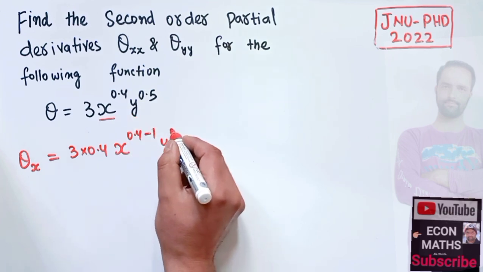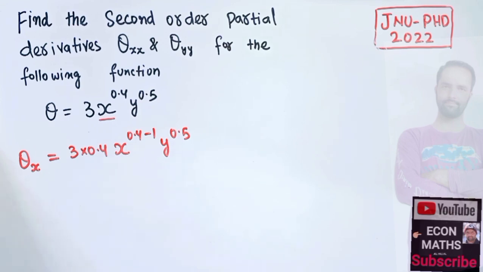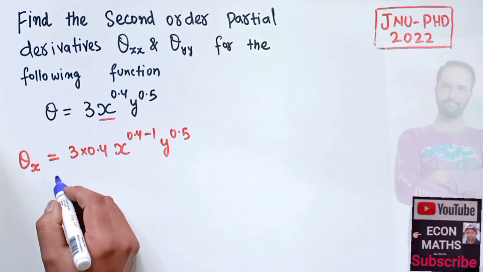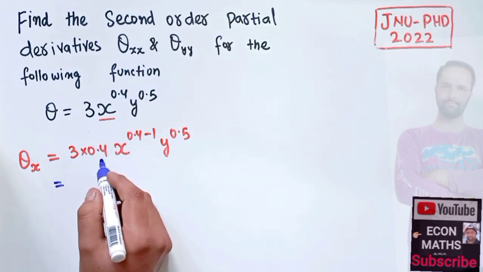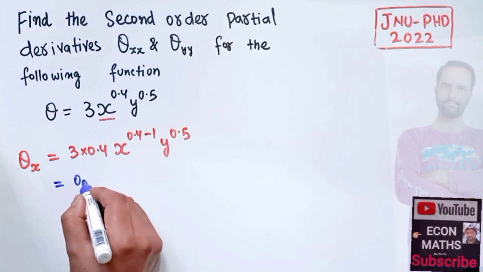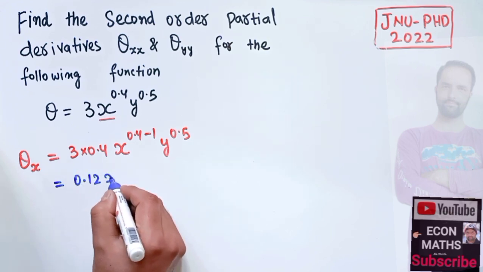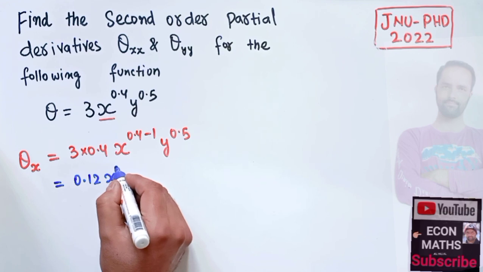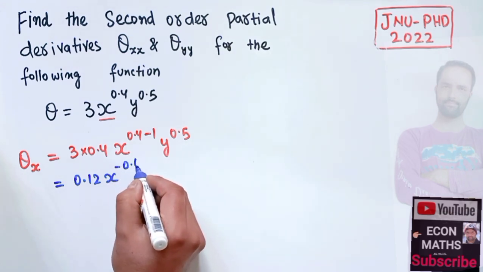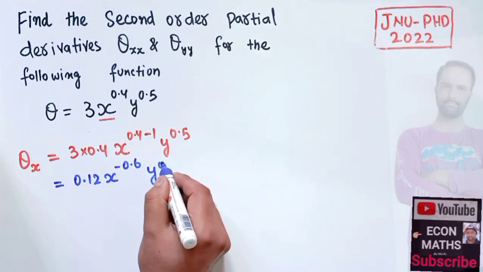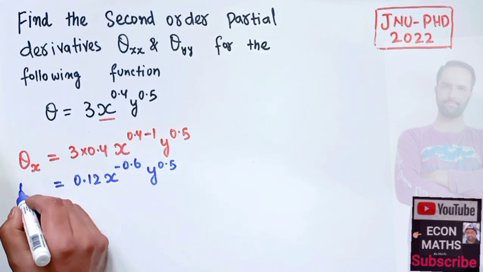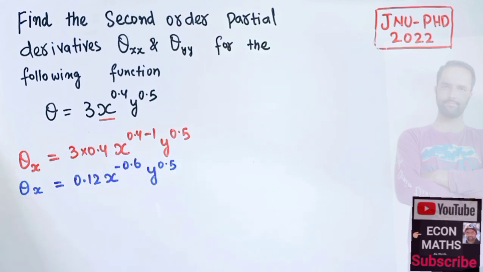Y will remain same as it is because we are taking partial derivative with respect to x. Solving this will give us 3 into 0.4, it will come out to be 0.12 x to the power 0.4 minus 1 comes out to be minus 0.6. We have y to the power 0.5. This is our first partial derivative with respect to x.